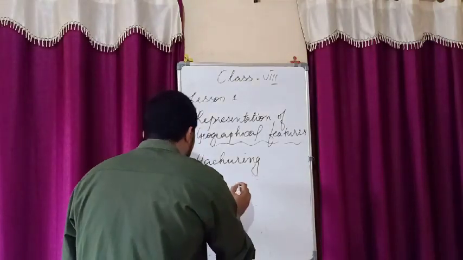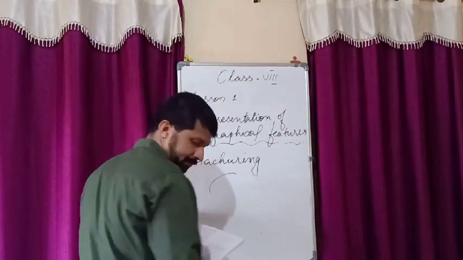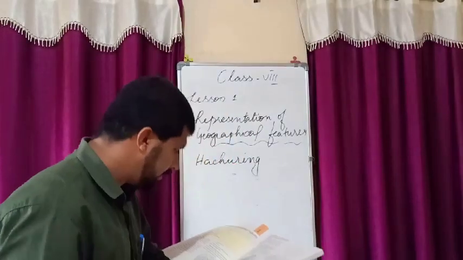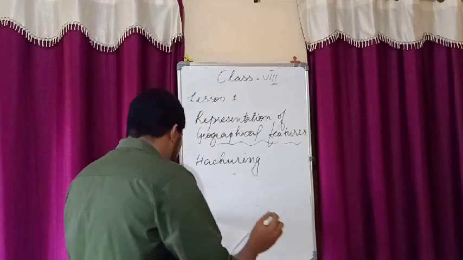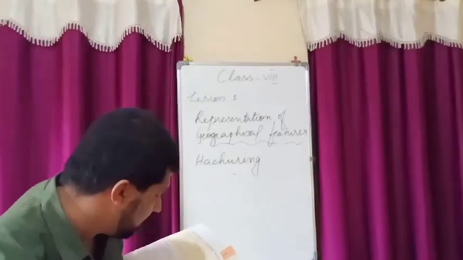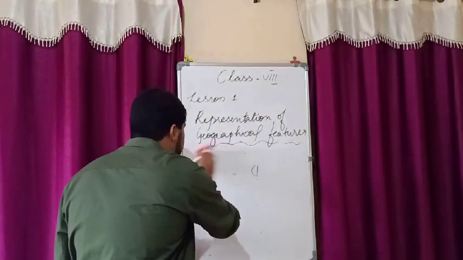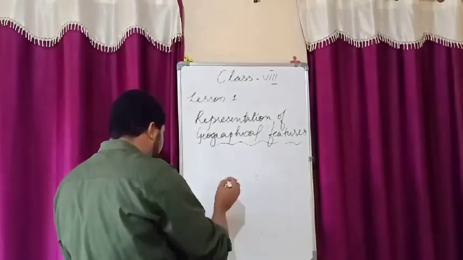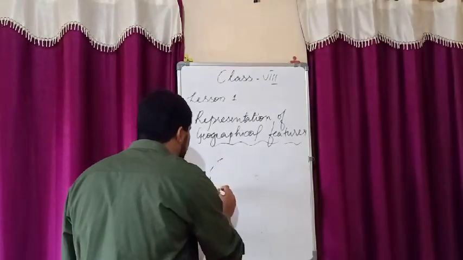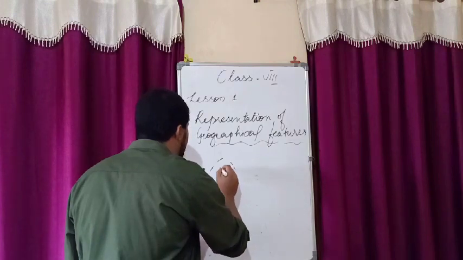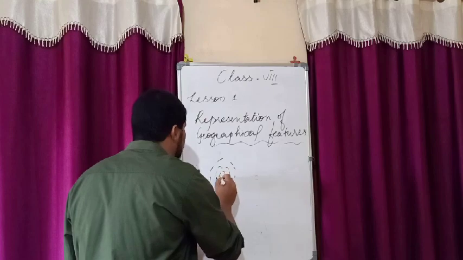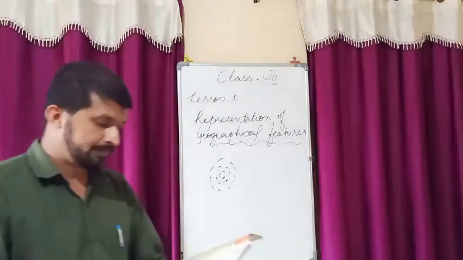In form line, dotted contour lines are used, and here also no proper height can be obtained by this method.